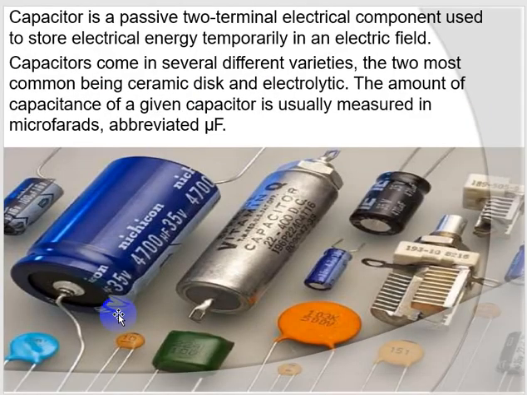Then capacitor, the next passive element is a capacitor. It is a two-terminal electrical component used to store electrical energy temporarily in an electric field. Capacitors come in several different varieties, the two most common being ceramic disc and electrolytic.